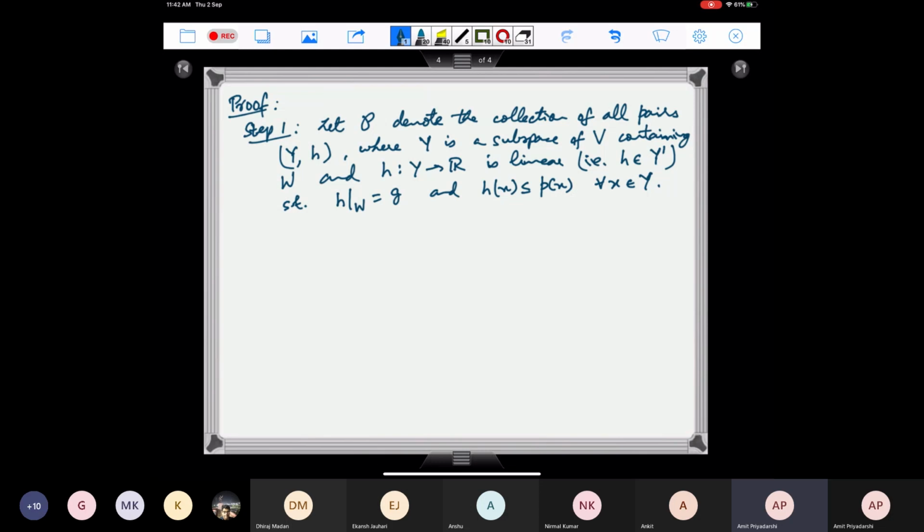So first of all, this P is non-empty, since you can take Y equal to W and G. This belongs to P. Right?